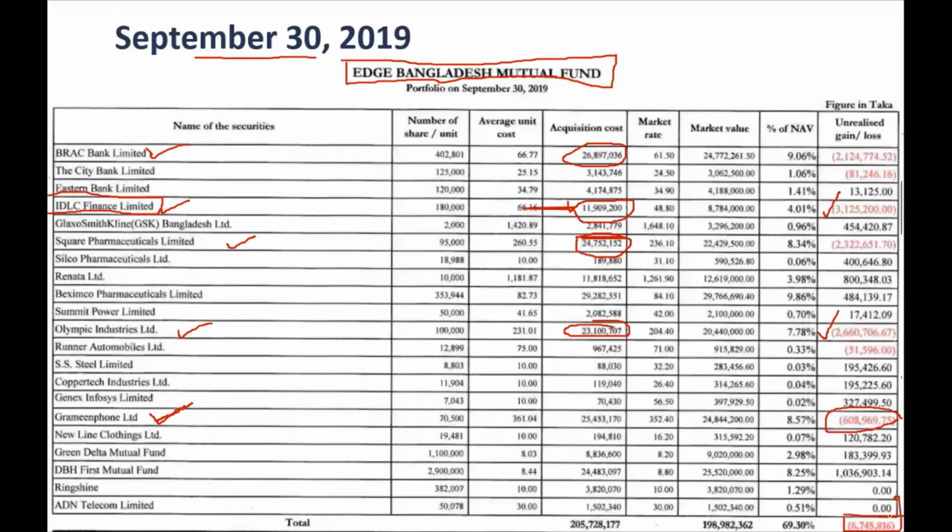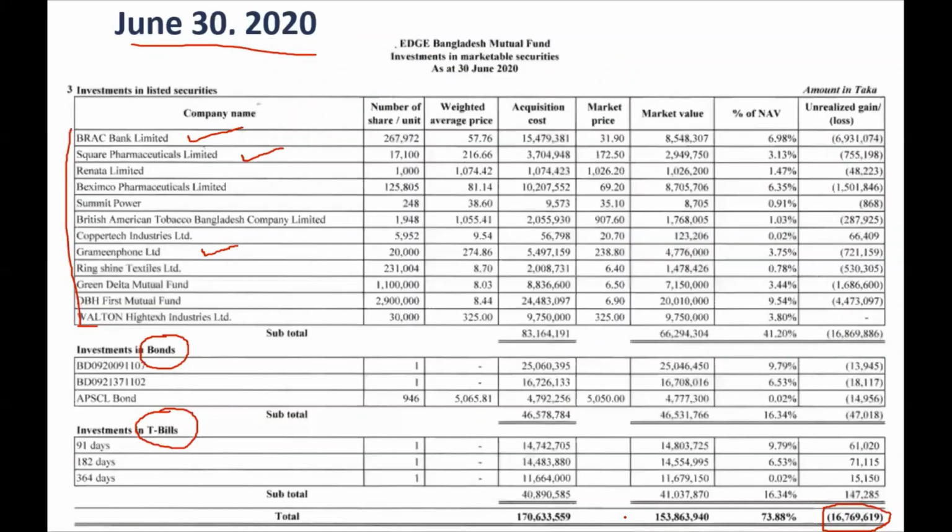But over the time, their investment has gone up or has gone down. Their investment in terms of market value, in terms of acquisition cost, their investment was around 205 million. Now their investment has shrunk or has gone up.